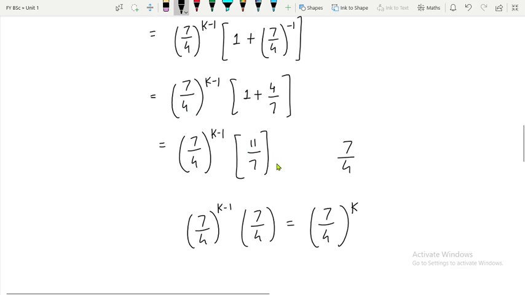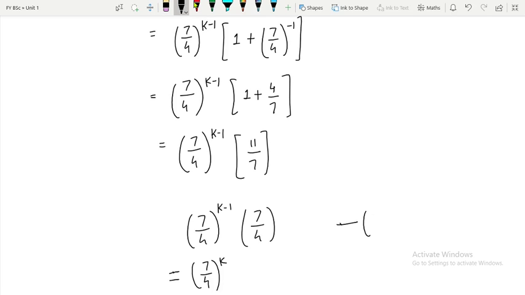Let us see the relation between 11/7 and 7/4. Who will be smaller and who will be bigger? What will be my 11/7? 7 ones are 7, remainder 4, so 1.4... 7 fours are 28, 7 fives are 35.